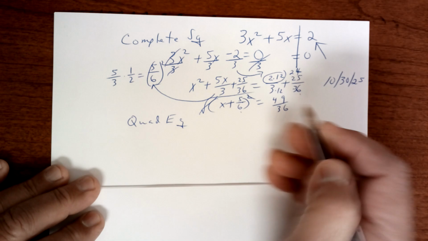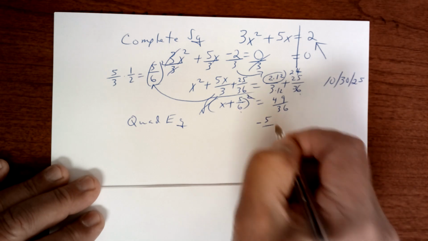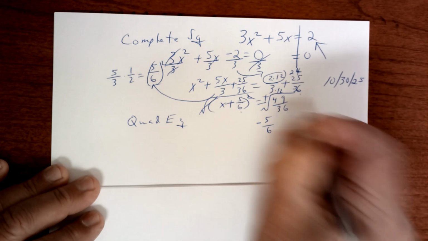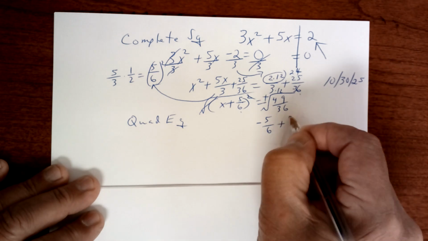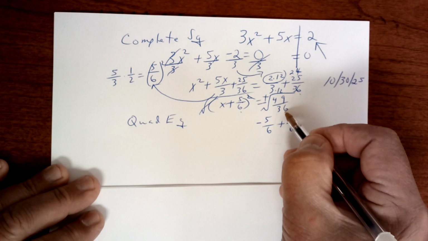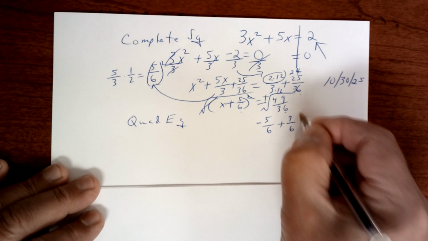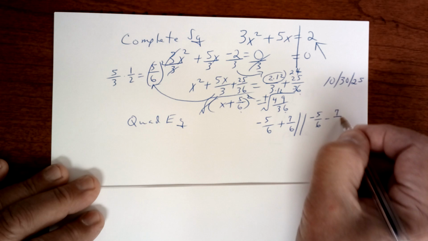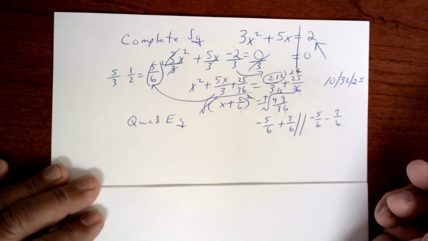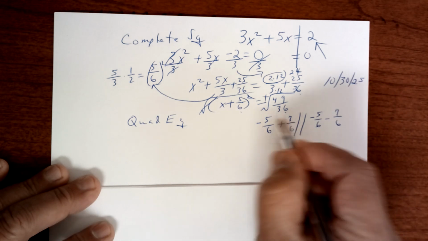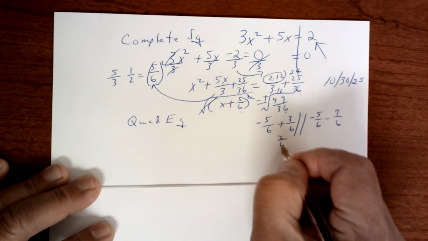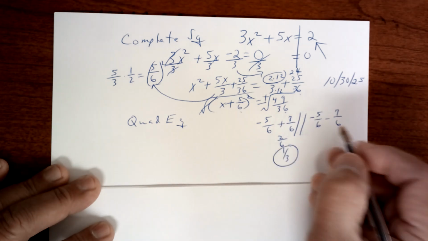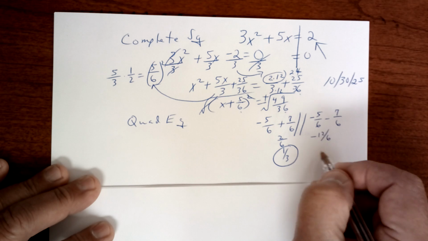So it's going to be a negative 5 over 6 plus 7 over 6, square root of 36, and negative 5 over 6 minus 7 over 6. Once you do that, this gives you 2 over 6, which equals 1/3. This right here gives you a negative 12 over 6, which equals a negative 2.